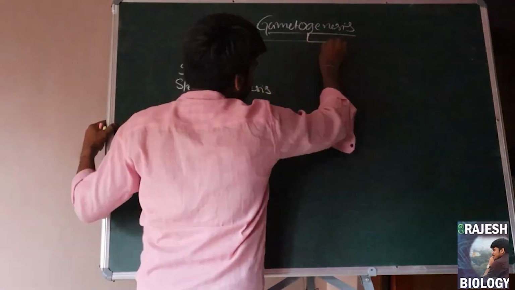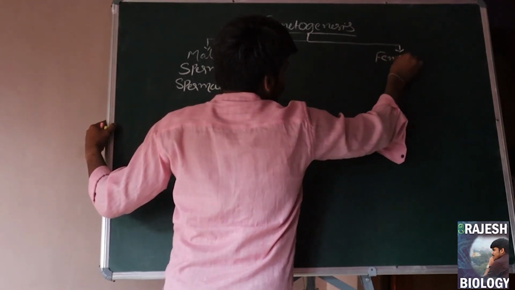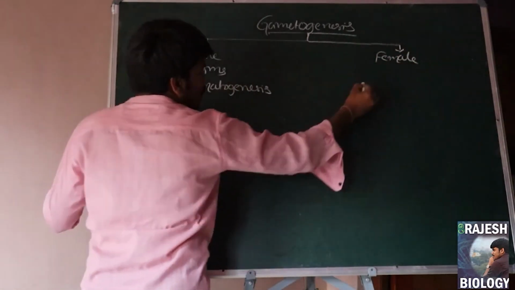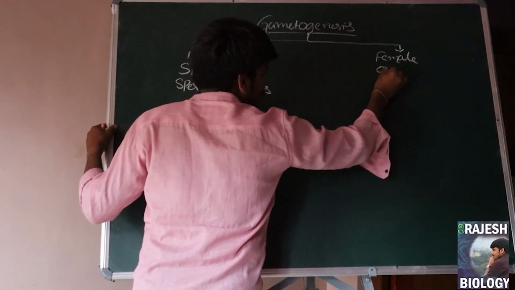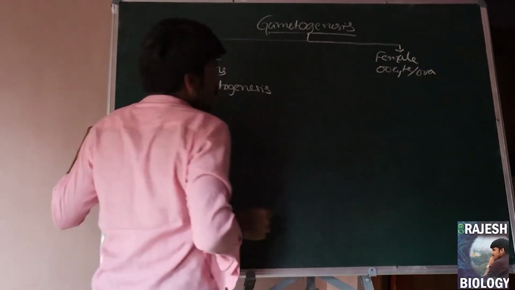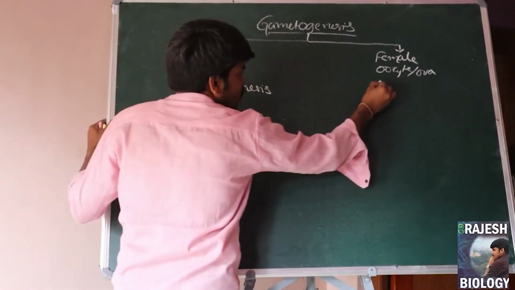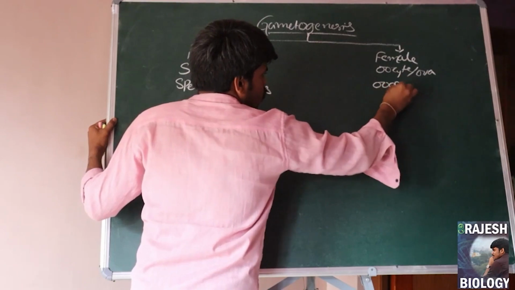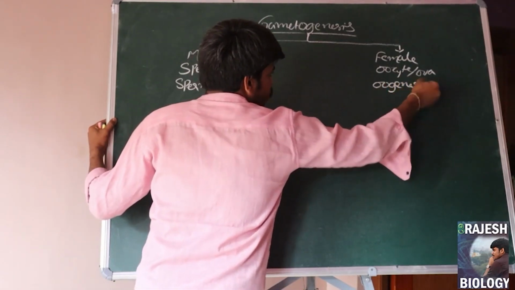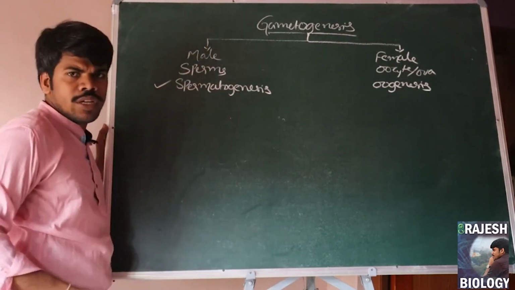If it is the female reproductive system, the gametes are secondary oocytes, or ova. So the formation of ova is called oogenesis.